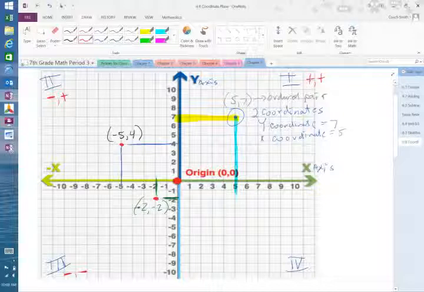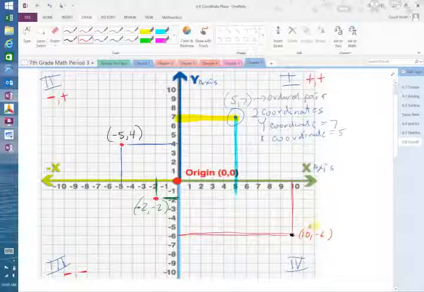Now in quadrant 4, I have a point right there, and as I look up to the x-axis, it crosses the x-axis at 10, crosses the y-axis at -6. So the ordered pair there is 10, -6.